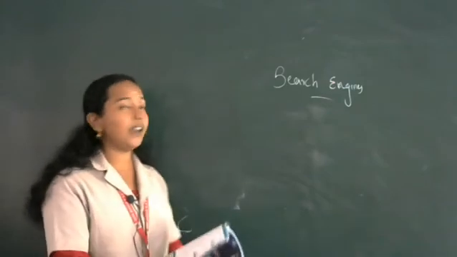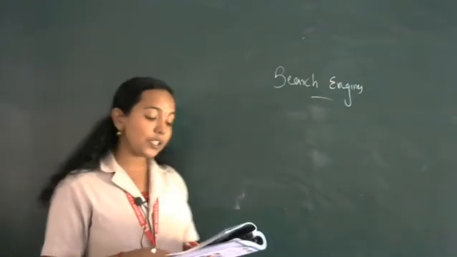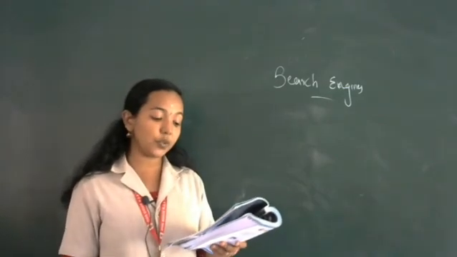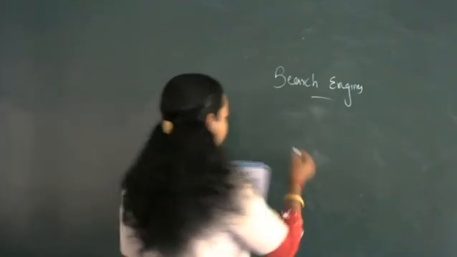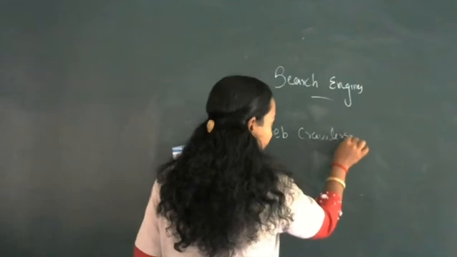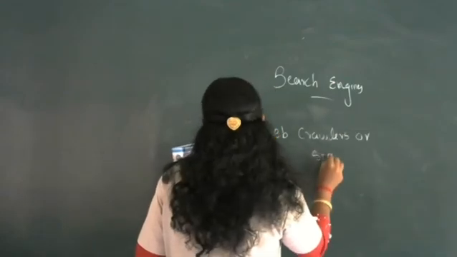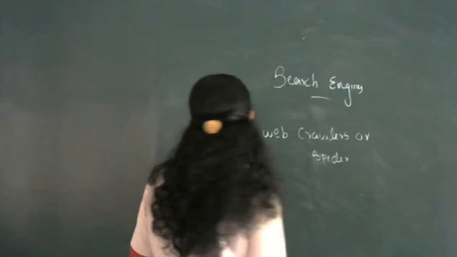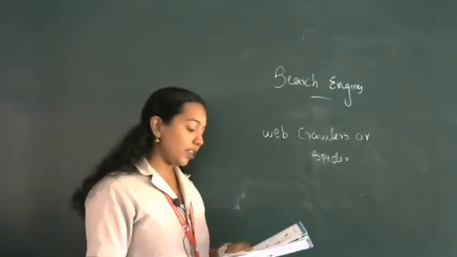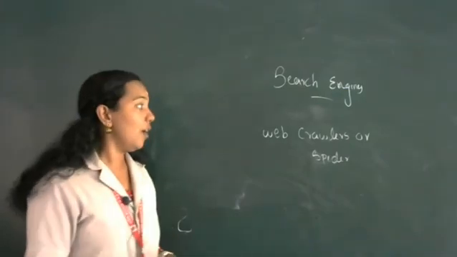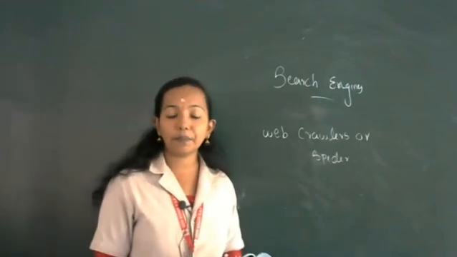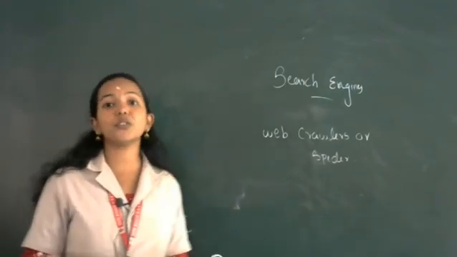So actually, in a search engine there will be a special technology behind the website. Search engine websites use programs called web crawlers, or spiders, or robots, for searching a web page from millions of web pages.